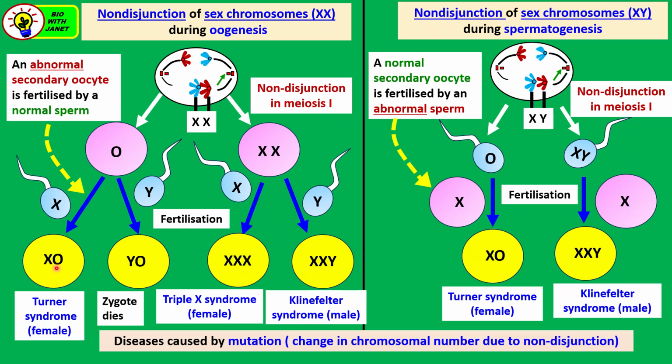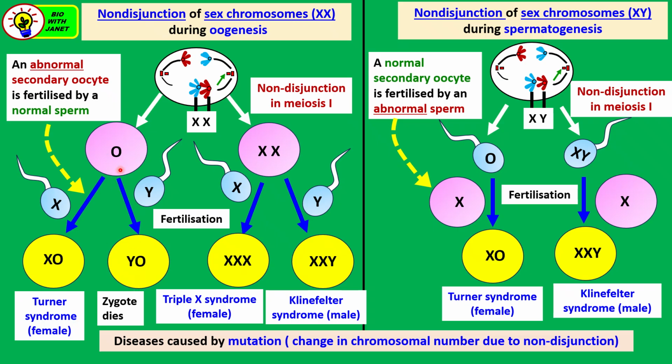So it will be a zygote that has only one X chromosome. Finally the zygote will develop into a child, and all the diploid cells of the child have just one X chromosome. This gives rise to Turner syndrome in the female.